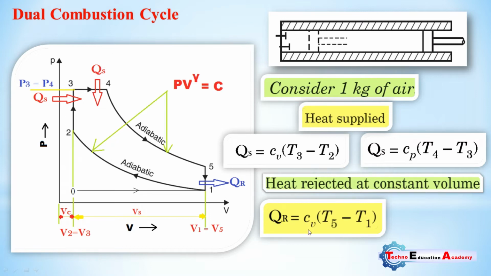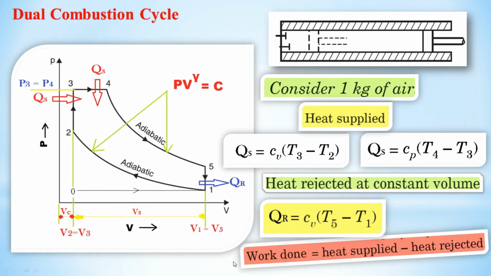So QR equal to Cv times (T5 minus T1). It is the heat rejection during process 5 to 1, a constant volume process, V1 equal to V5. Here we are considering Vc and Vs, the clearance volume and the swept volume in the cycle. We have already discussed this in the previous lecture.